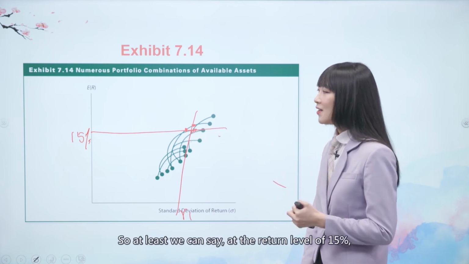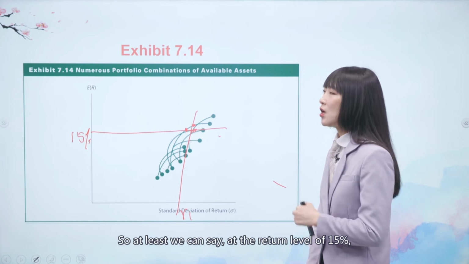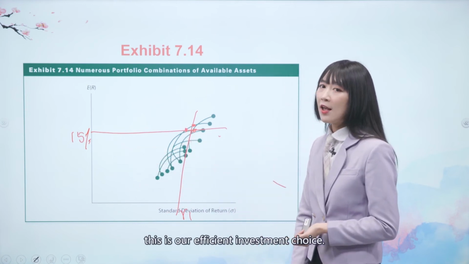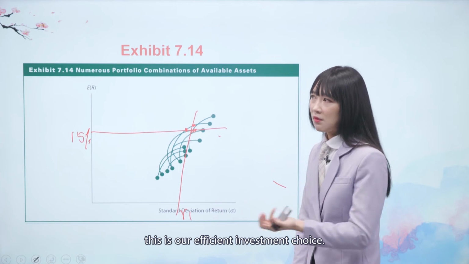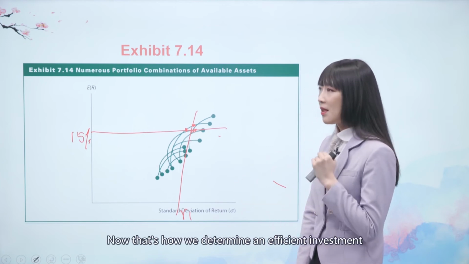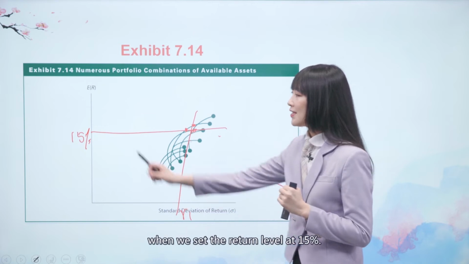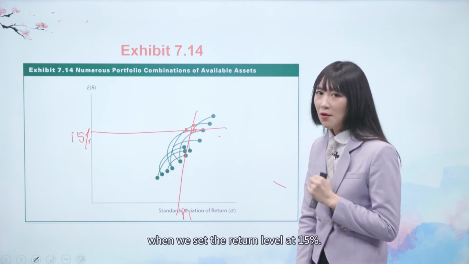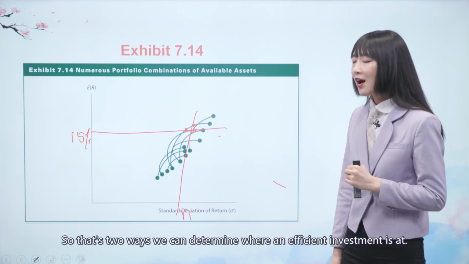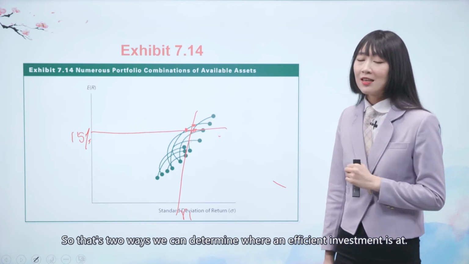So at least we can say at the return level of 15%, this is our efficient investment choice. That's how we determine an efficient investment when we set the return level at 15%. So that's two ways we can determine where an efficient investment is.